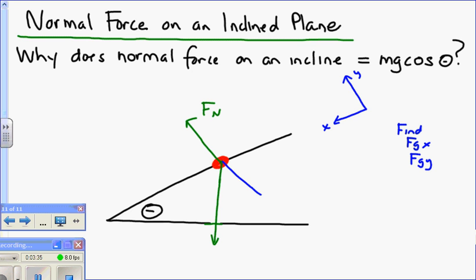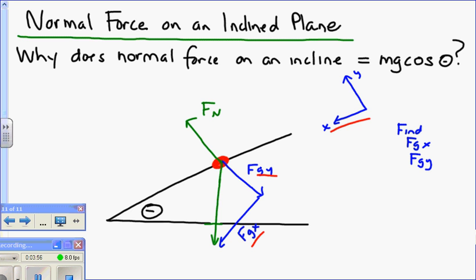There would be my y component of gravity, and there would be my x component of gravity. Since this is x, this has got to be x, and since y is in this direction, y has to point down and away.